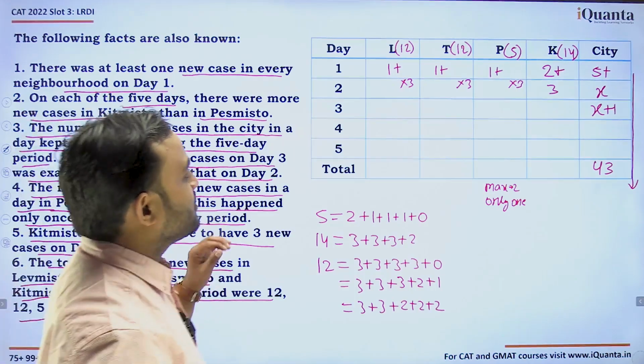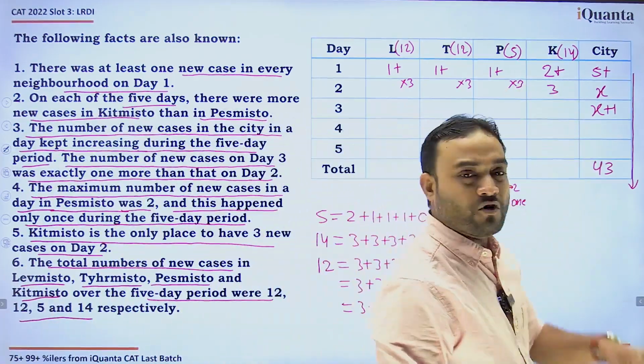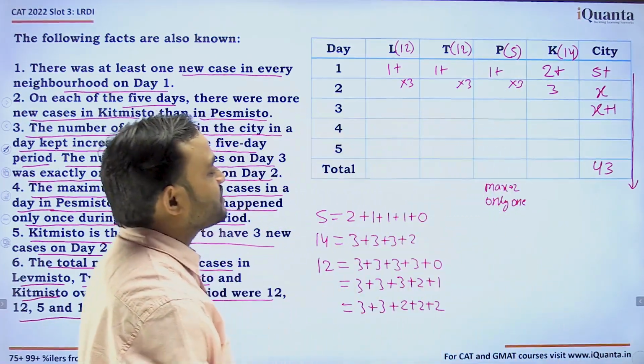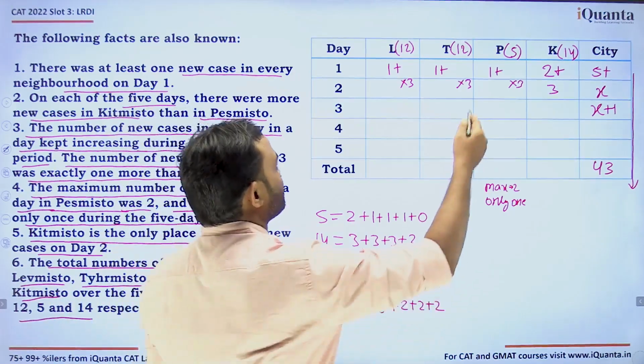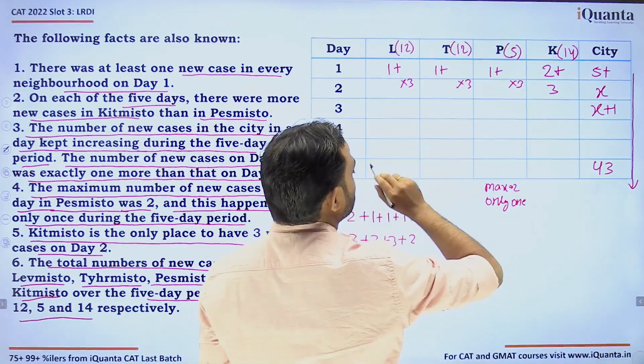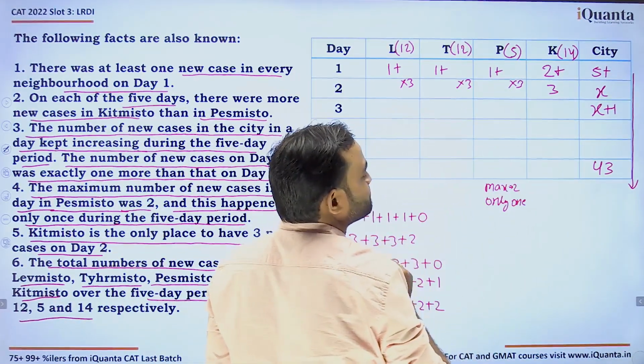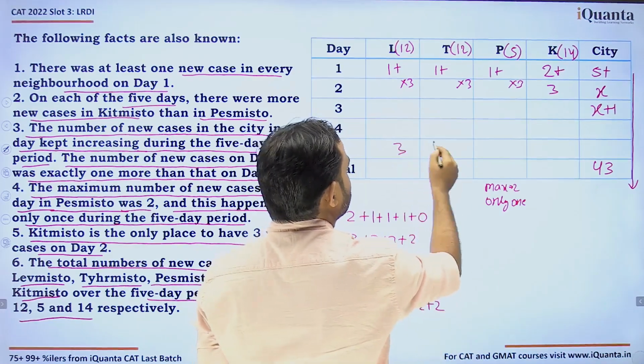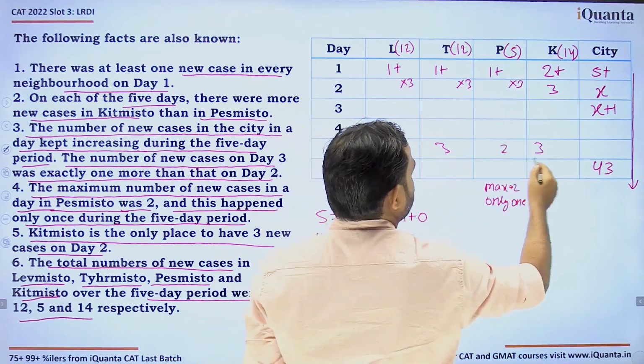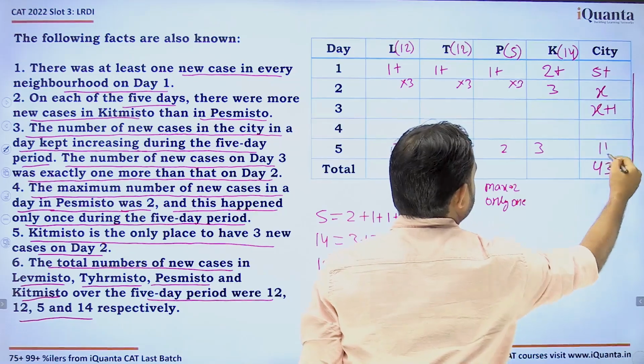Next, if we talk about the city, what could be the maximum number of cases in the city in any particular day? So we know that in case of P, maximum is 2, others can be maximum 3. So even if we take 3, 3, 3 and 2, maximum would be 11 here, right?